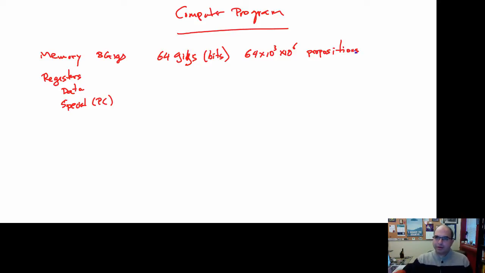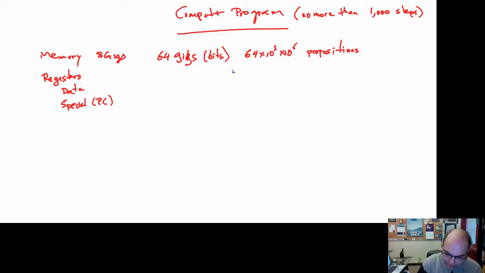We need to be able to talk about the computer at different times. How many different times? I'm going to make a really gross simplification here. I'm going to say that programs take no more than 1,000 steps, okay? Now maybe we need a program that lasts longer than that, so go ahead and choose a maximum. 10 million, cool, right?